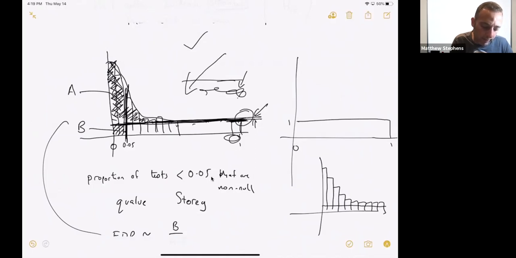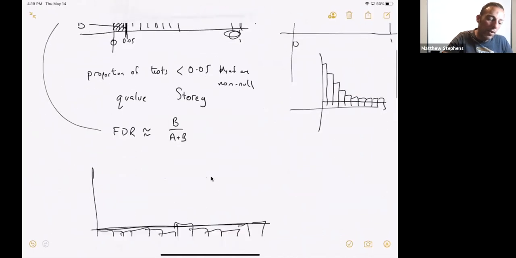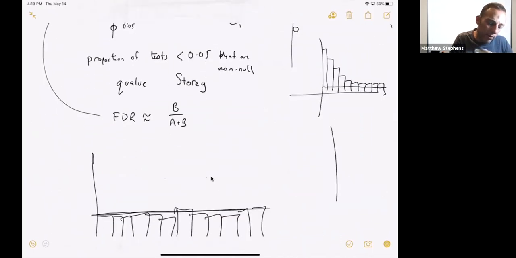In order to explain why, I think it's easier to think in z-score space instead of p-value space. So if you think about what a histogram of z-scores might look like, here's a histogram of z-scores.